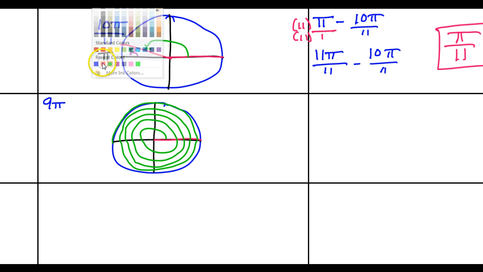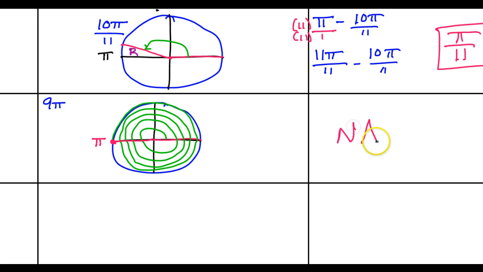But 9 pi definitely puts me right here on the negative x-axis. So that means we are coterminal with pi. And by the way, if you're on one of the axes, if you're on the x-axis or the y-axis, there is no reference angle.